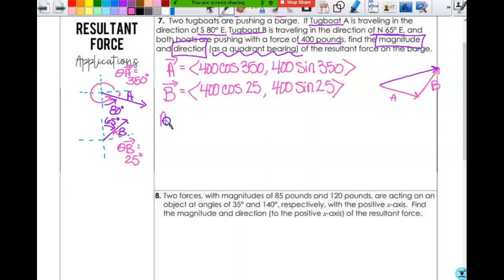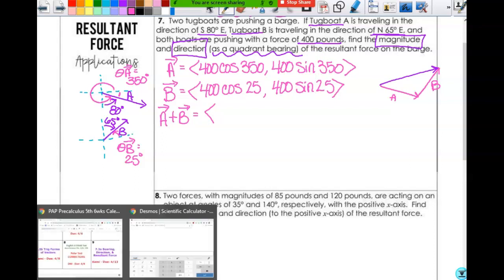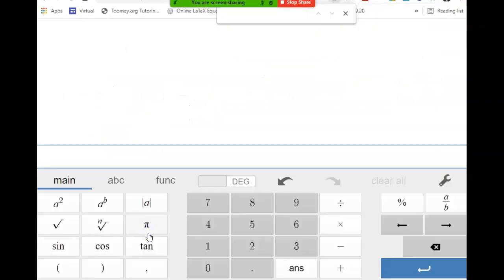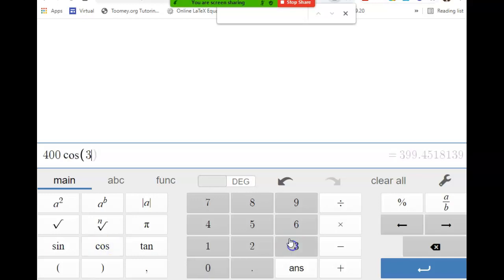So I need vector A plus vector B, which means we add the two x components and we add the two y components. So here's where we're going to go to the calculator, and I want you doing this along with me. So I'm going to do 400 times the cosine of 350, close my parentheses, plus 400 times the cosine of 25.